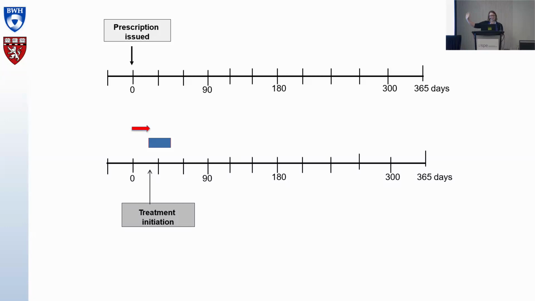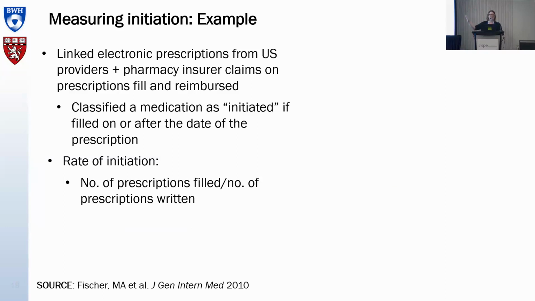Basically, you're looking for the prescription and you've set a definition about when you should be seeing that fill. And so you're saying, okay, do I see that fill within the window that I defined after the prescription was written? Yes or no. Sometimes it's time until, but effectively that's what you're doing. So here's an example.